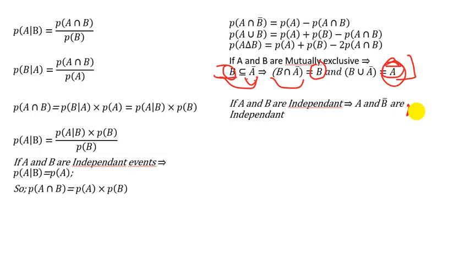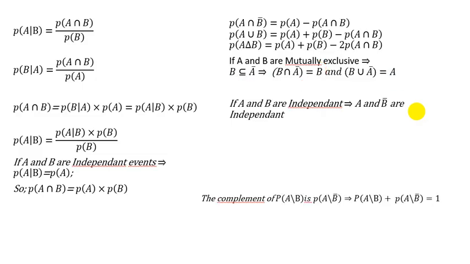And another property: if A and B are independent, you have to know that A and B bar are also independent, and B and A bar are also independent. And the last one, the complement of A given B is A given B bar.